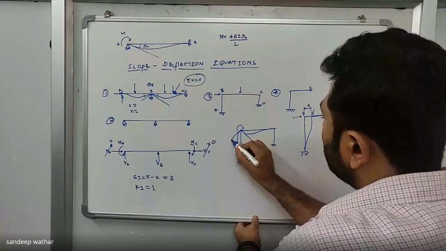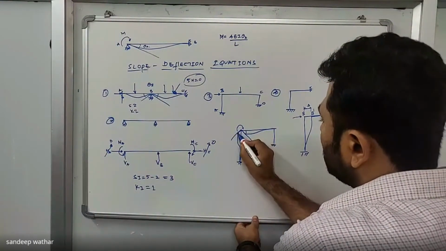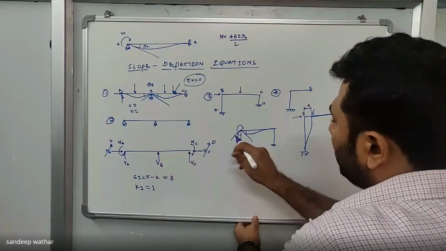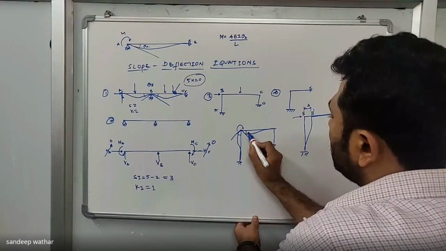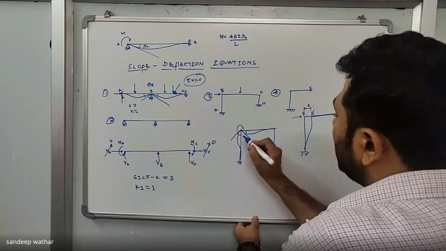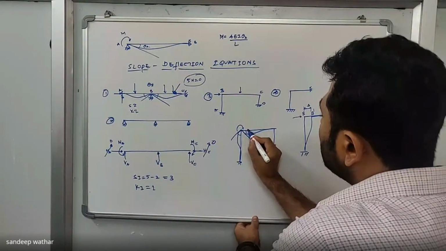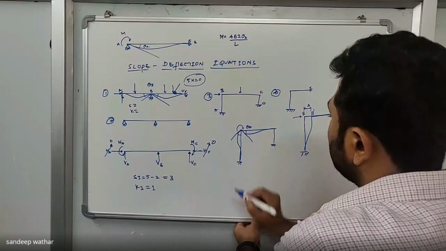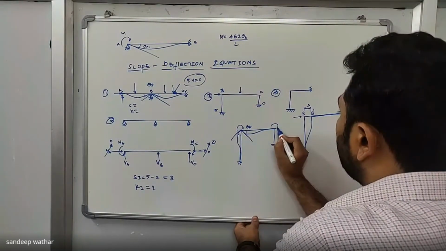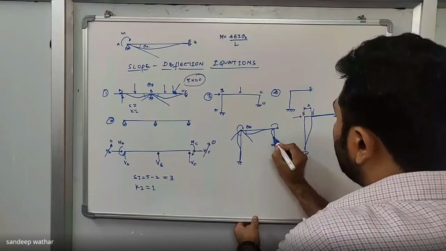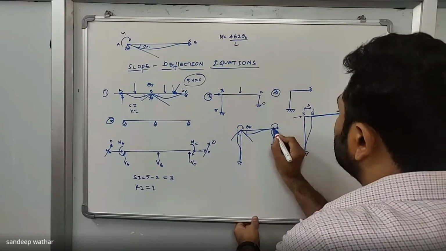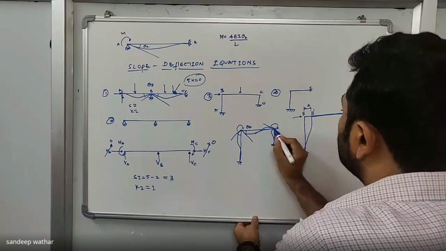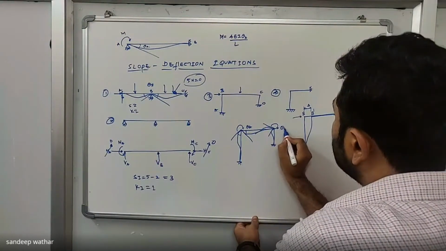The value of the slopes for both will be the same, because the moment remains the same. We'll call this theta A. Similarly, we can apply a moment over here also, so it will create a slope like this. We call this theta B.